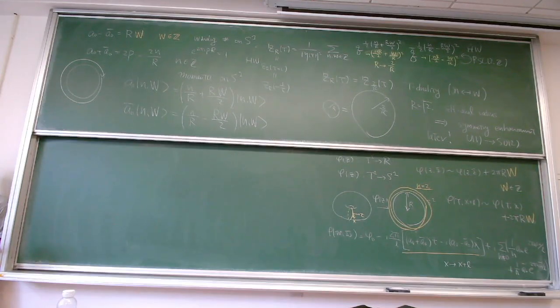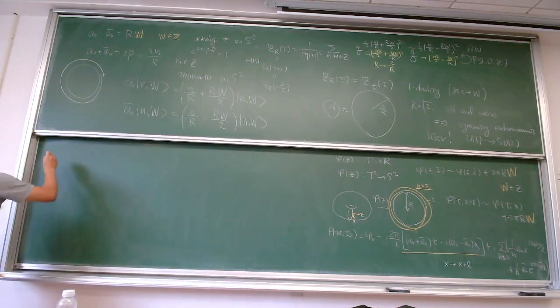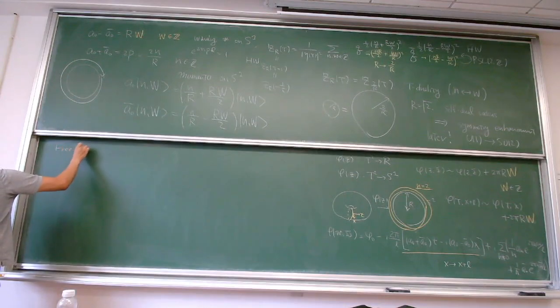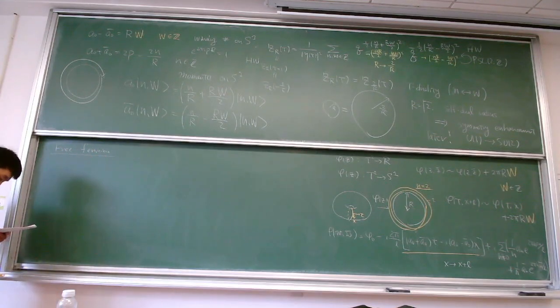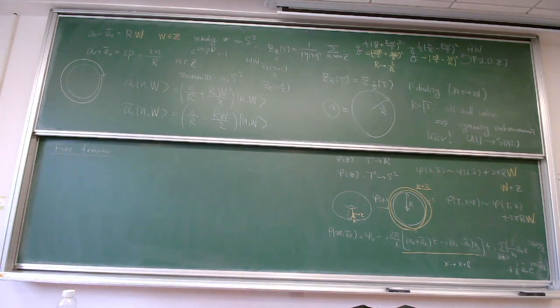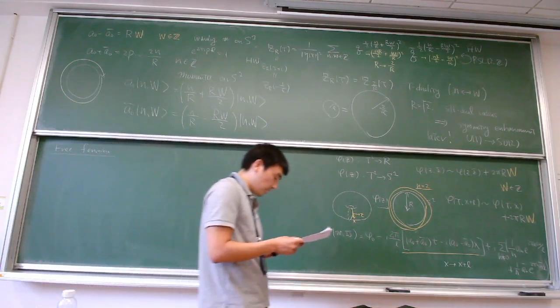So we did the torus partition function for free bosons. Next is free fermion, of course. Free fermions: we have a mode expansion, but now you have Fermi statistics.